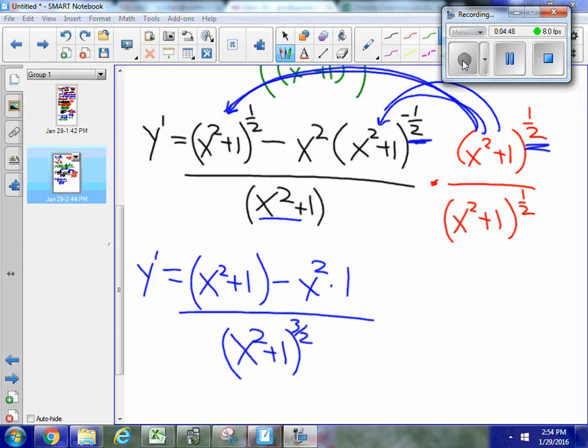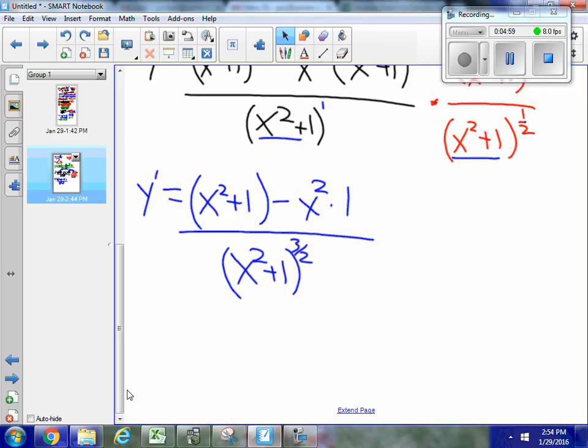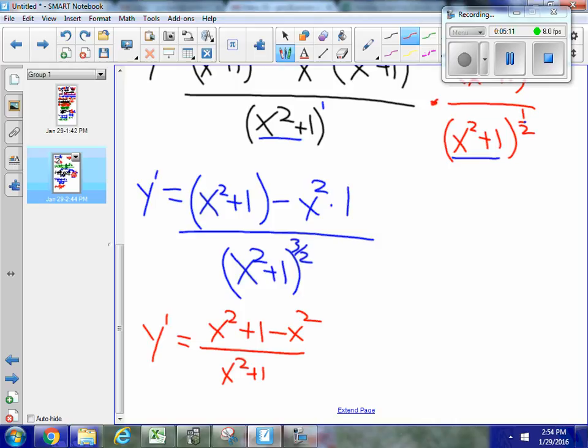Again, same base, this is to the first power, that's to the 1/2 power. 1 plus 1/2 is 3/2. Well, my numerator, hey, that looks pretty exciting. y prime equals x squared plus 1 minus x squared, whoa, divided by x squared plus 1 to the 3/2. Well, if I have x squared minus x squared, I'm just going to be left with 1 divided by x squared plus 1 to the 3/2.